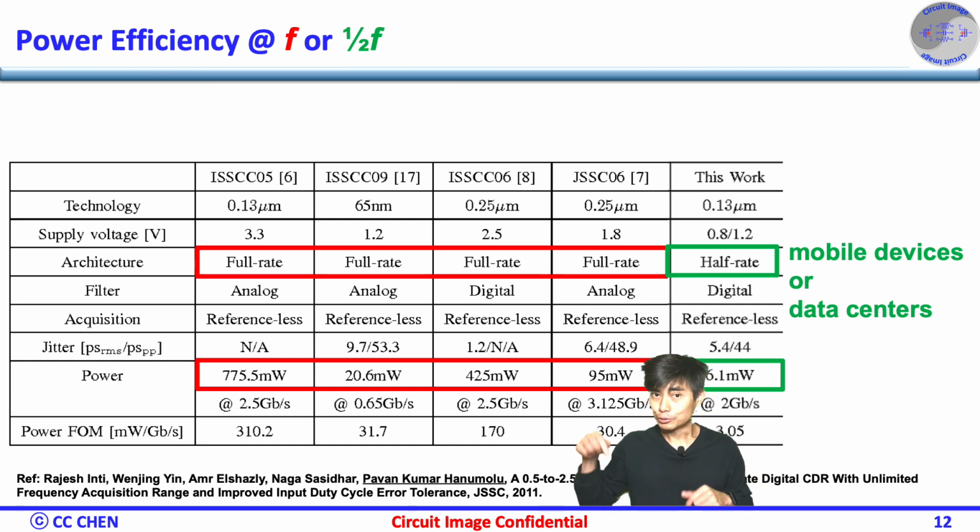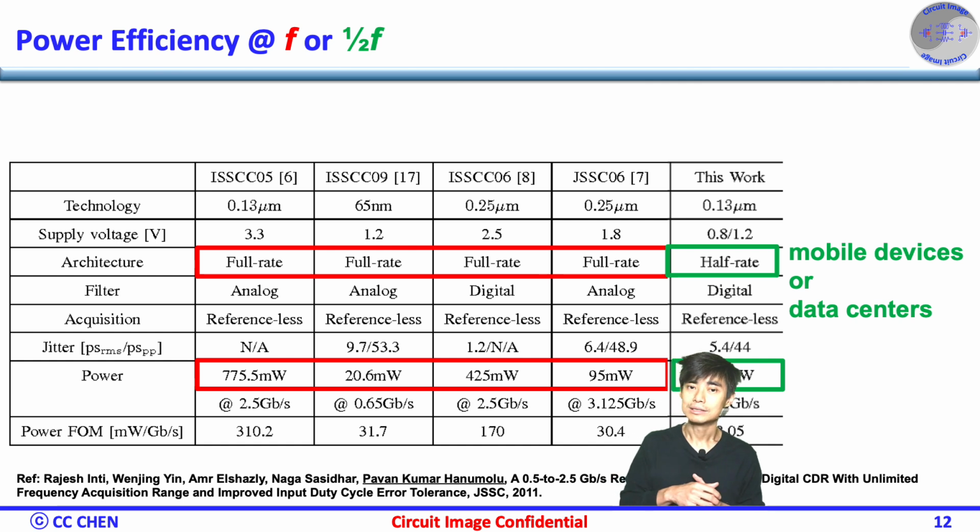Therefore, the reduced clock rate in half-rate CDR can lead to low power consumption in the receiver circuitry, as the clock generation and distribution circuits operate at a lower frequency.